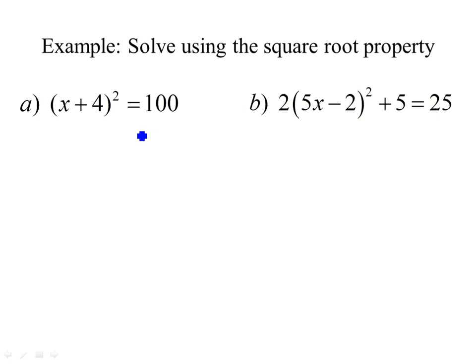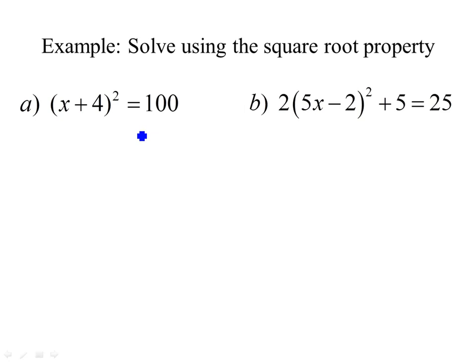But if you initiate it, you put it there, like I just did that blue one, you've got to do plus or minus. Okay? So this is going to be x plus 4, because this cancels out this, is equal to plus or minus the square root of 100, which is 10. Do you see what I'm saying? When you put that square root symbol in there, you've got to take the plus or minus of it.